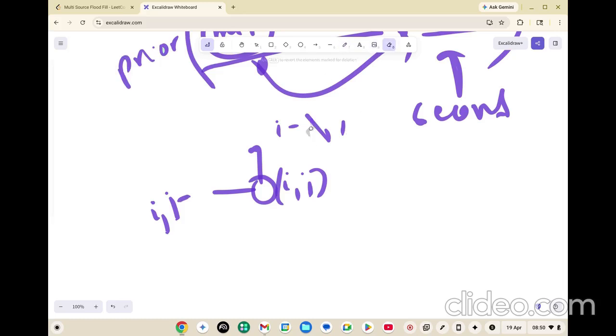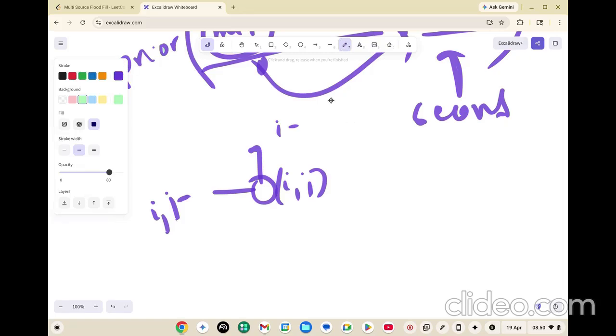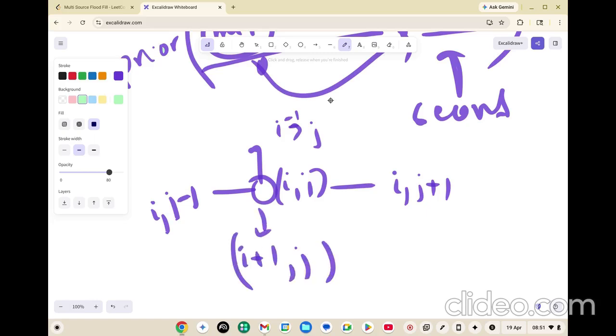So this becomes I minus 1 comma j, then this becomes I comma j minus 1, this becomes I comma j plus 1, and this becomes I plus 1 comma j, right? I hope till this point we are on the same page, right?